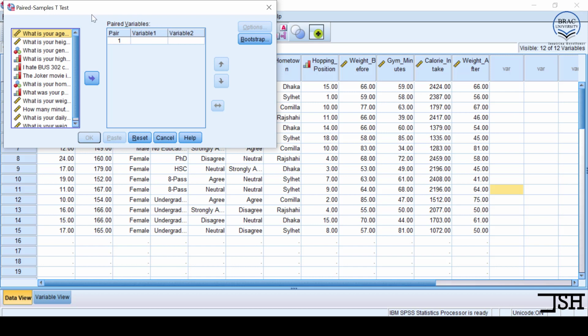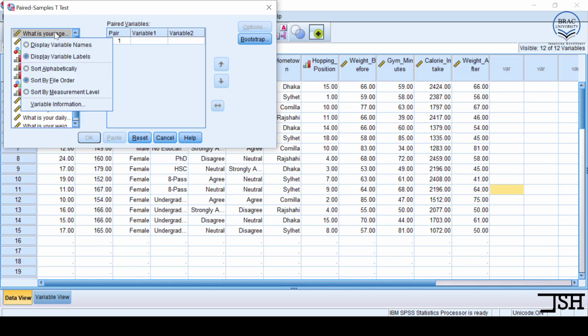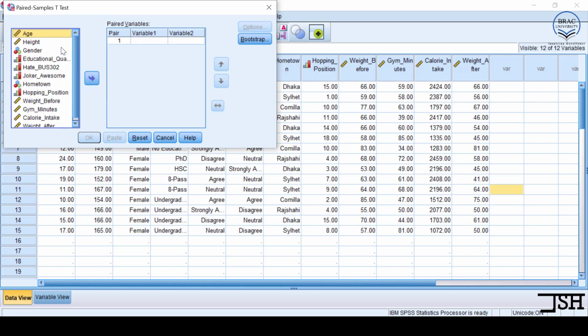Now just as before, for our own convenience, I'm going to come right here and then right click and then display variable names. Now for this question we are going to compare weight, right? So let's go down and you will see that there are two weights, weight before and weight after. So we are going to compare both of these.